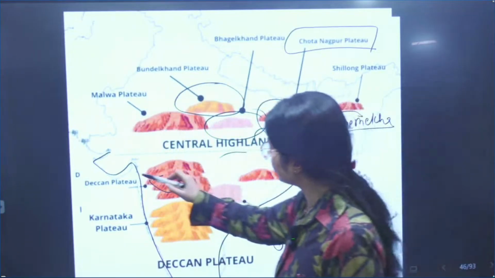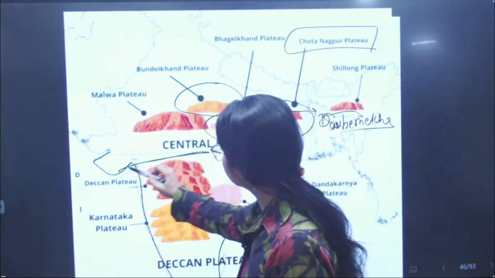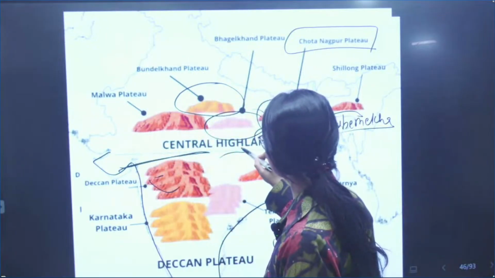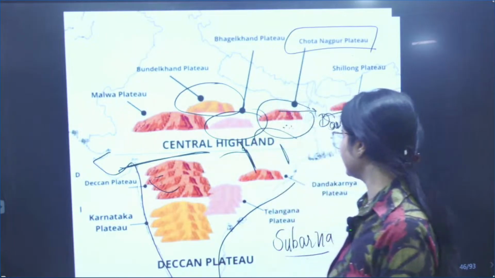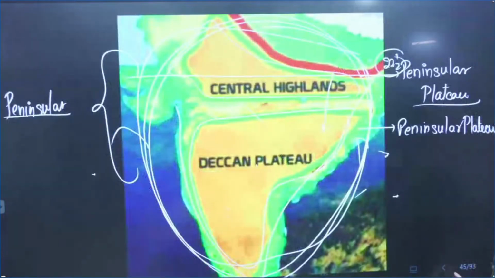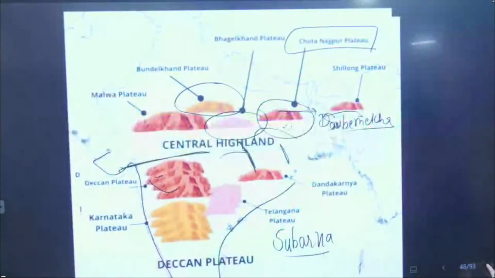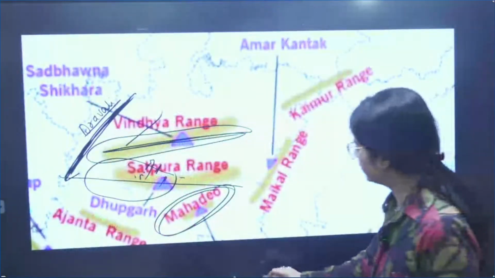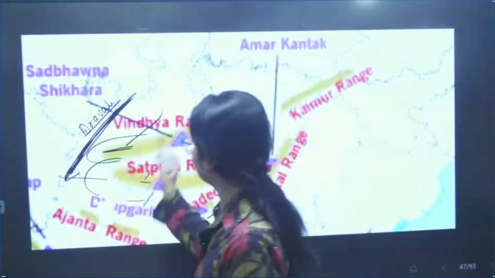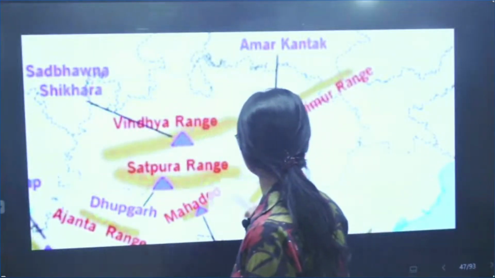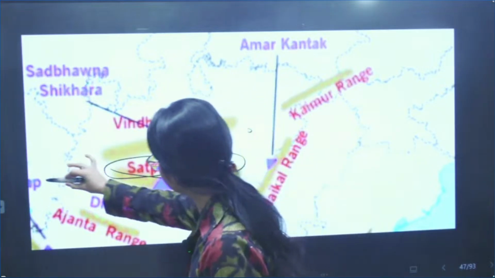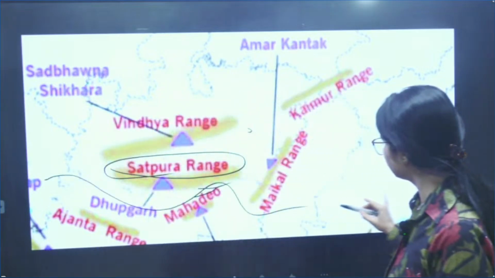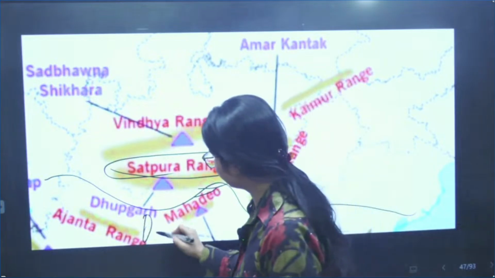Here is your Satpura range, here is your Mahadeo range, and here is your Maikal range. I'll show you on the map. Can you see this Satpura? This is your Satpura range, and the area below it is your Deccan Plateau.